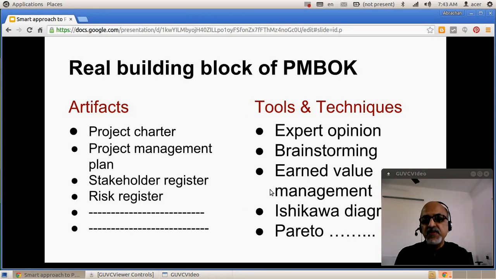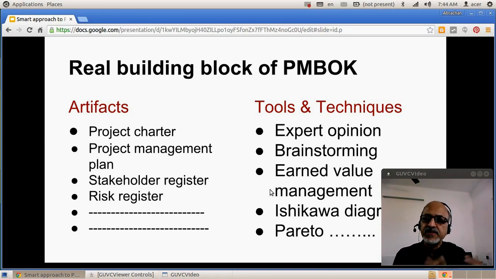I've made the unique list of these artifacts and the unique list of these tools and techniques. My recommendation is, please understand these artifacts: why it is done, what the format is, what goes into it, who prepares it, who approves it, in which phase it is done, what the benefits are, and what the issues are if you don't do it.